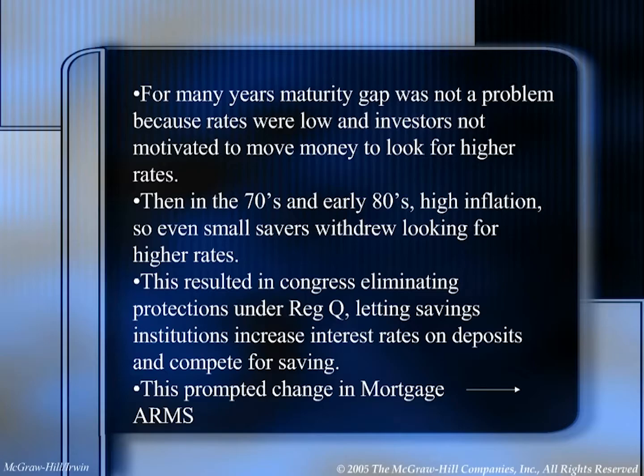Now they could increase them, but they had to find a way to do it because the maturity gap was now huge. They had to ask, how can we maintain competitiveness, pay the savings accounts these rates, and still back them with these long-term mortgages? This prompted the changes in the mortgages, or the ARMs.